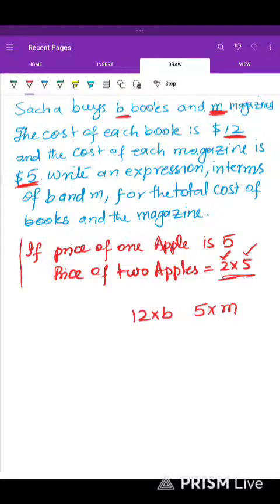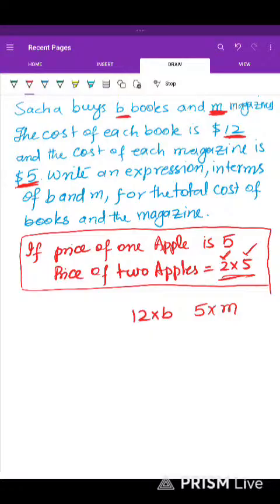This is the example of the apple, just to understand that one apple costs 5, so 2 apples cost 2 multiplied by 5, 3 apples cost 3 multiplied by 5, and like that. So it means the number multiplied by the price of each.